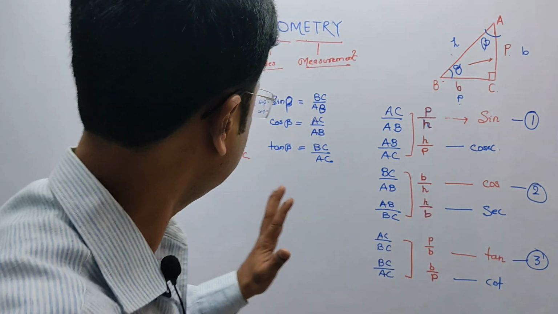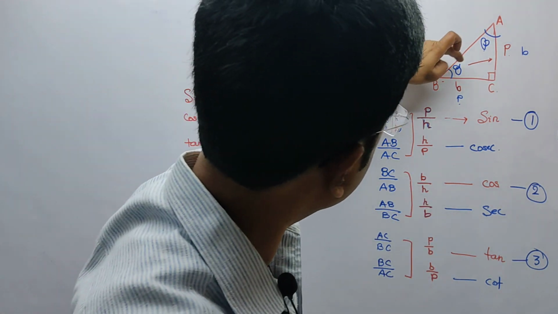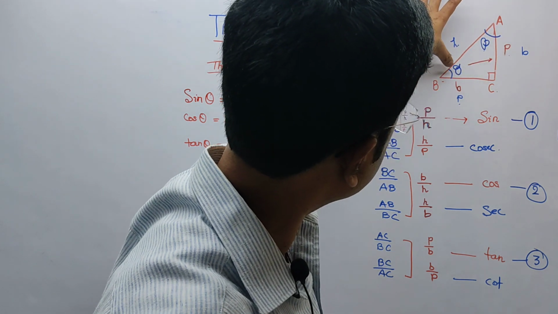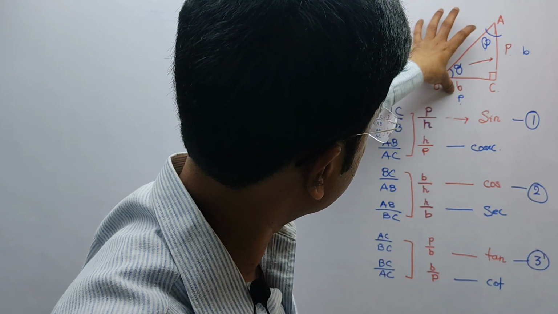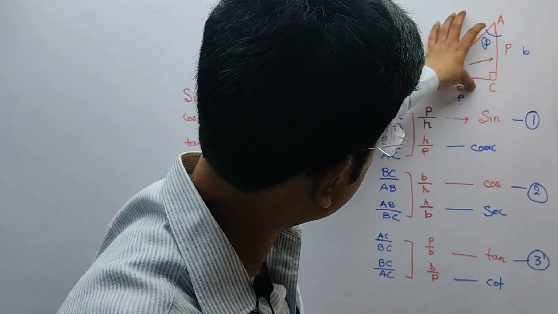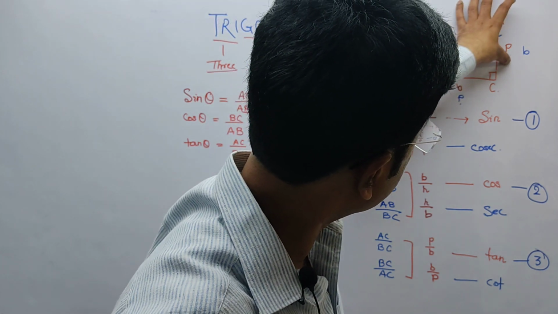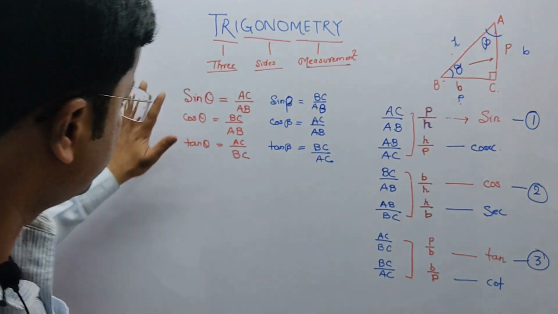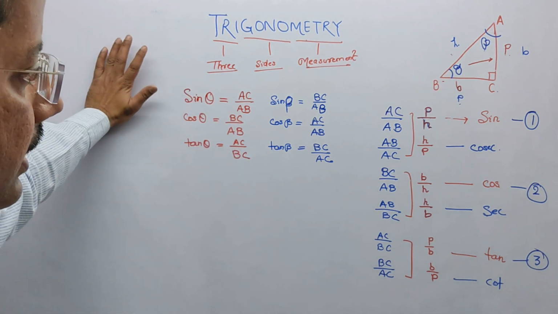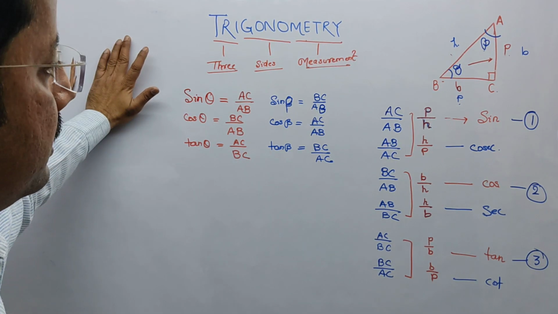The side in front of beta is perpendicular, the side adjacent to beta is base, and on the basis of this we find out the different trigonometric ratios.